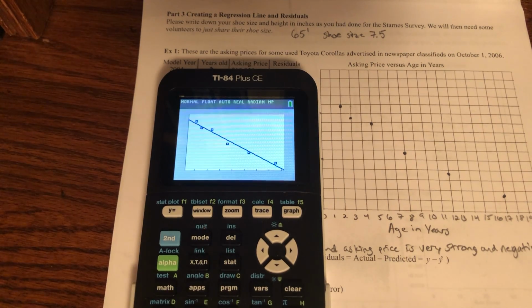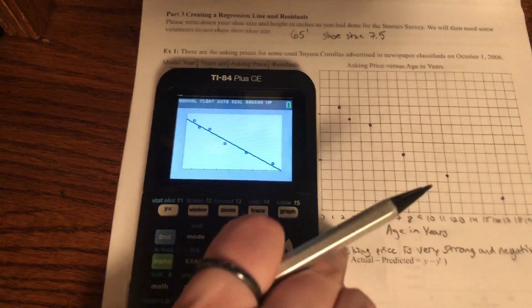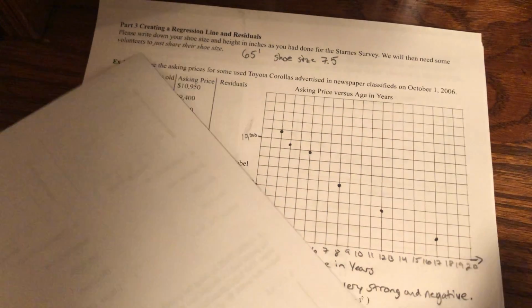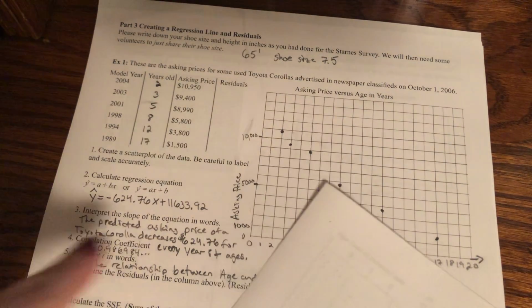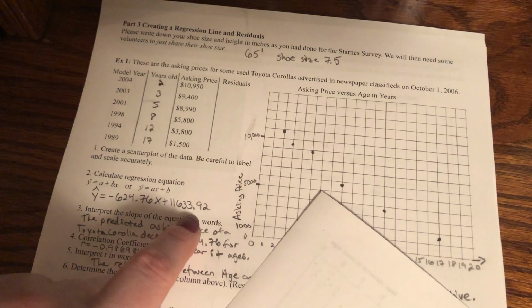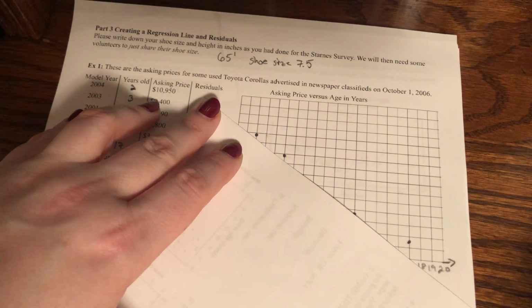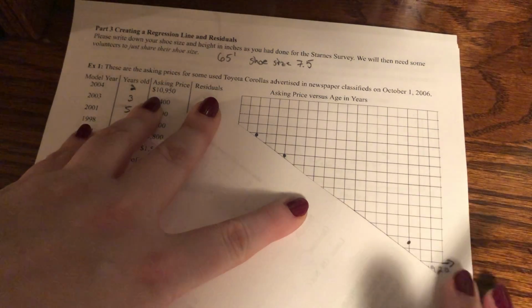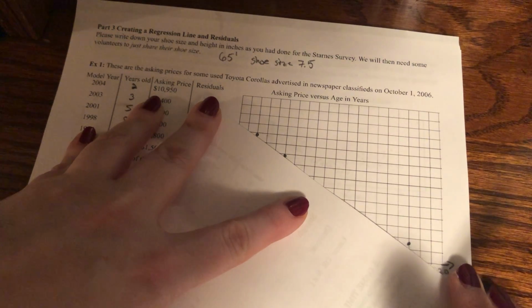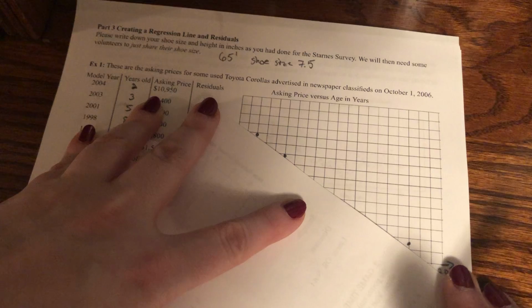So instead, I'm going to kind of old school this and use a couple of sheets of paper to kind of mimic this. Now, I know that my y-intercept is 11,633, so a little bit above 11,500. So I want to be just a little bit above here. I need to sort of hug these.